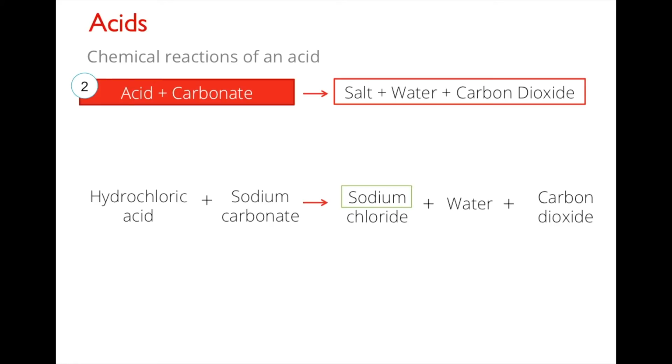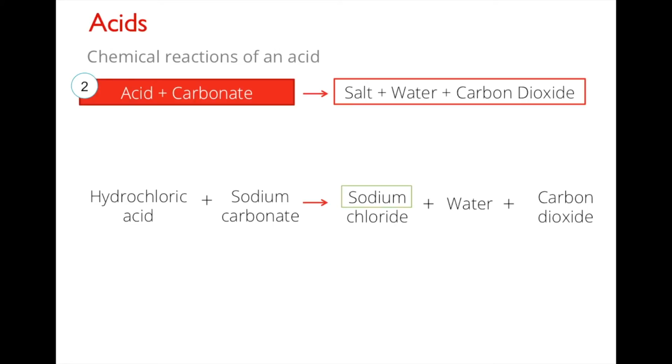So how do we write a balanced equation? Let's say hydrochloric acid reacts with sodium carbonate. It will give me the salt sodium chloride, water, and carbon dioxide. Now, water and carbon dioxide, I know for sure you can write. But how do I know it's sodium chloride?